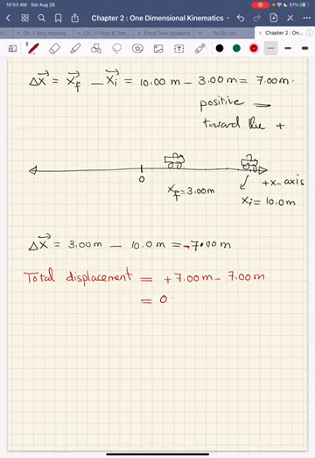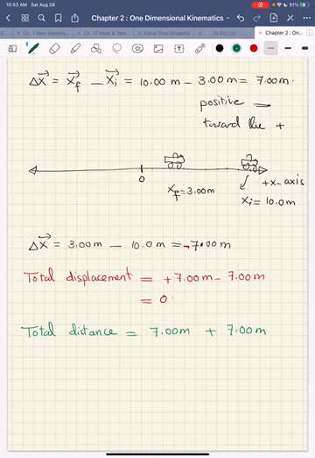But if I'm asking you about what is the total distance here, then we can say it is 7 plus 7, because distance is a scalar and is going to be the total 14 meters. Okay?